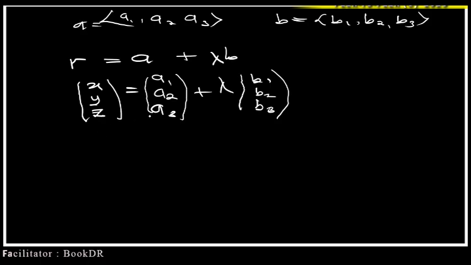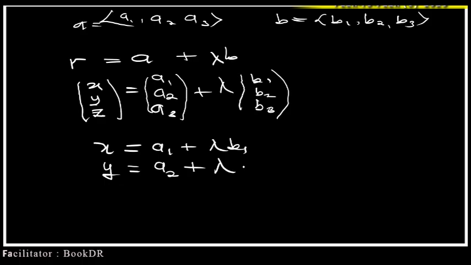We can write these equations. x is equal to a1 plus lambda b1, and then y is equal to a2 plus lambda b2, and then z is equal to a3 plus lambda b3.